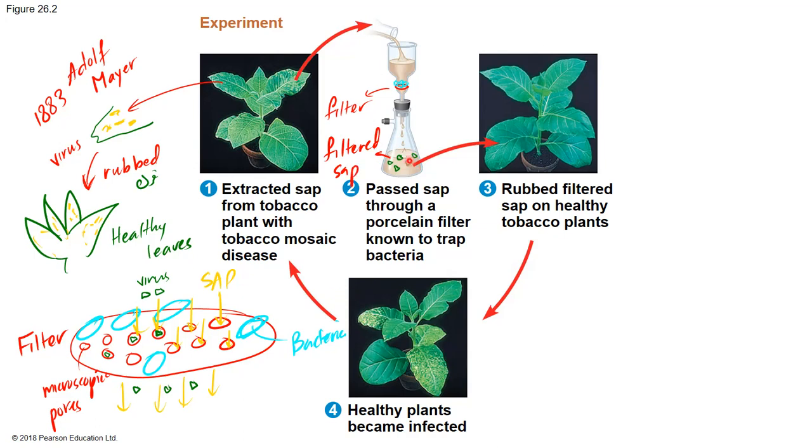Now, when the filtered sap was taken and rubbed into healthy tobacco plants, the tobacco plants developed this disease. This suggested that this disease is not caused by bacteria, because the bacteria are not found in the filtered sap. There's something else, which turned out to be the tobacco mosaic virus. Okay.